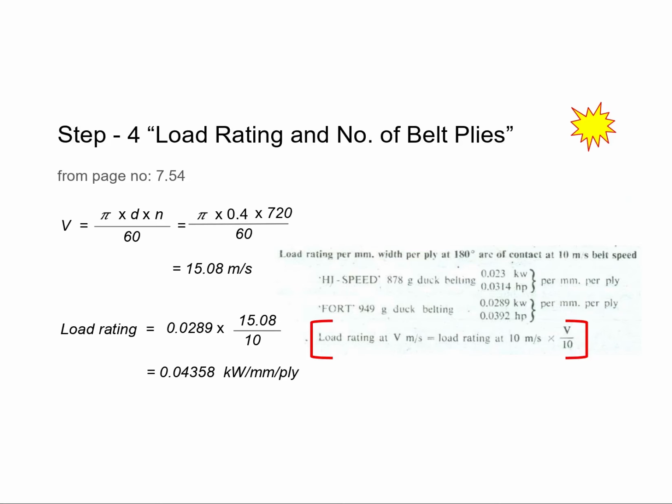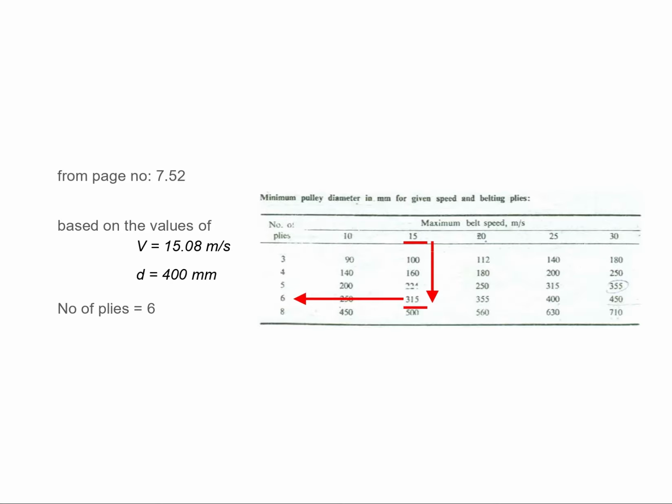Then from page number 7.52, based on the values of velocity and the diameter of the smaller pulley, the number of plies is found. In the table, at the top headline, minimum belt speed in meter per second, we have to search velocity 15.08.